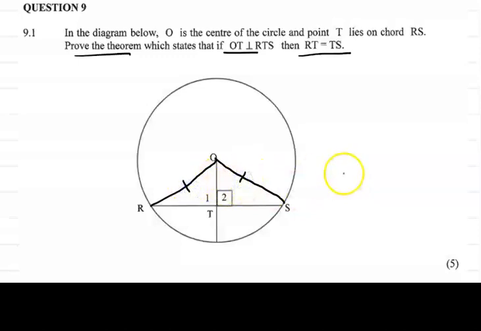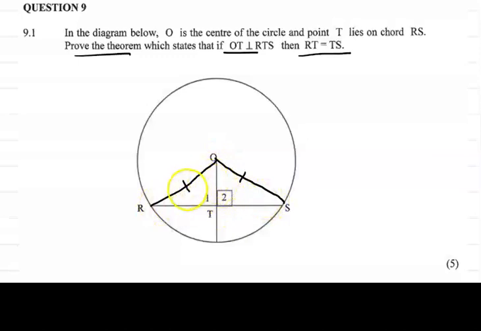The second thing that we are going to be looking at is the reasons that are going to be used in this particular proof. Remember that we're required to prove that RT equals TS. In order for us to do that, we are going to be proving that two triangles are congruent. Remember that congruent triangles are identical. So the two triangles that we're going to be looking at are OTR and OTS.